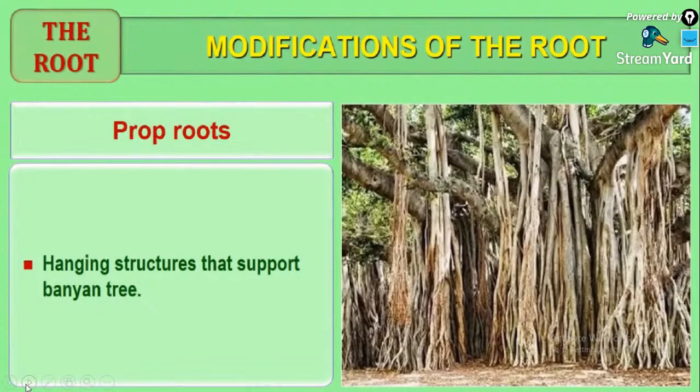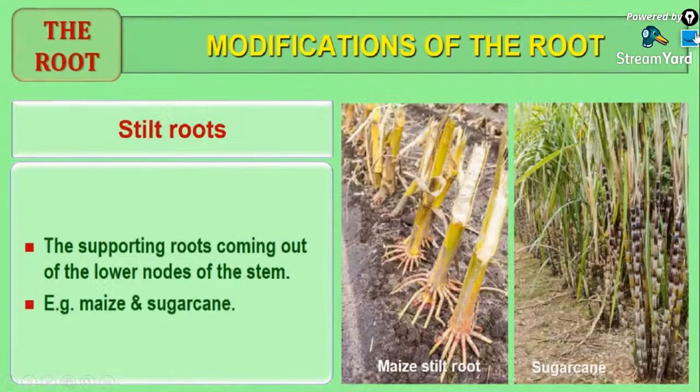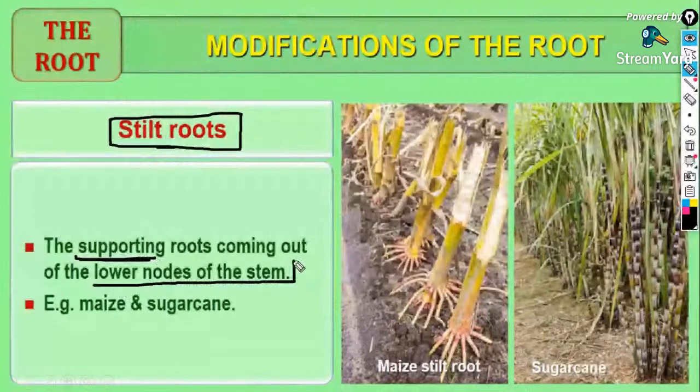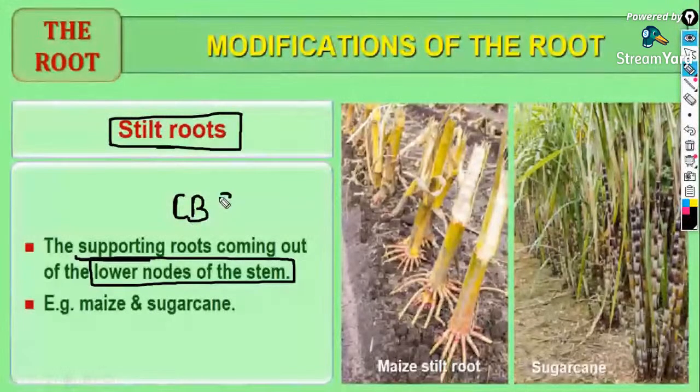Next one is a stilt root. I have already explained it with the help of a hand-drawn diagram. Stilt roots are the supporting roots that come out of the lower nodes of the stem. Guys, this was asked in the CBSE board exams 2020 this year.